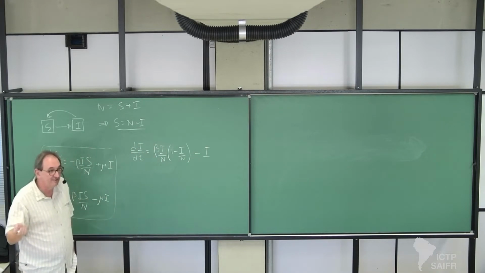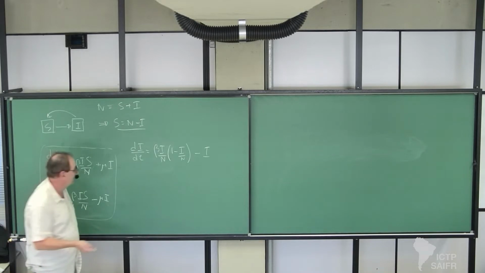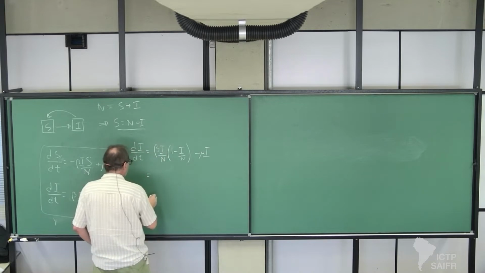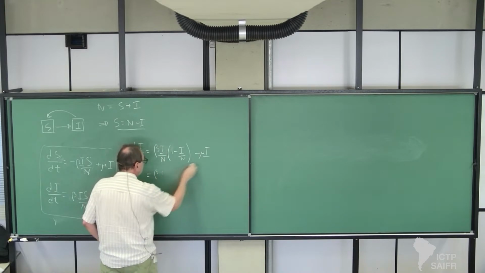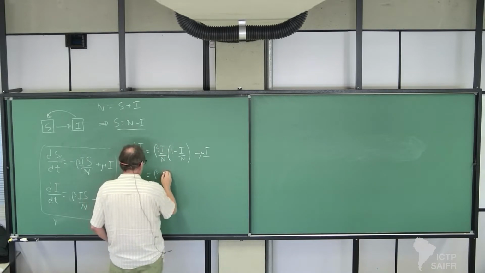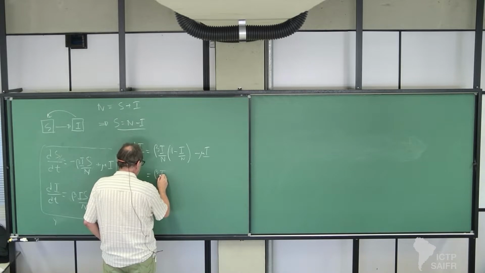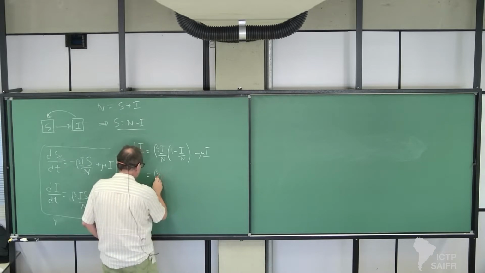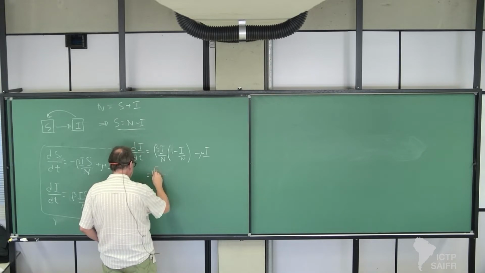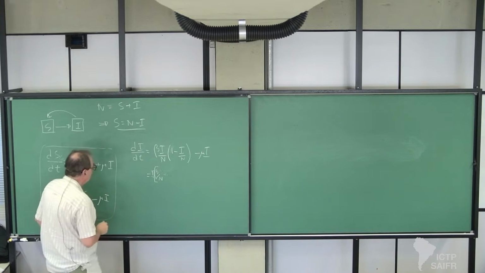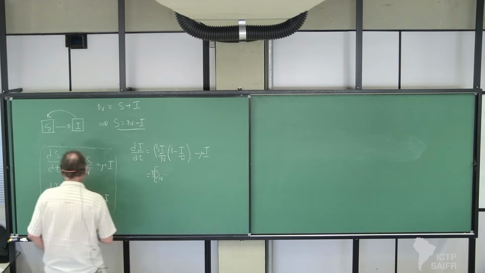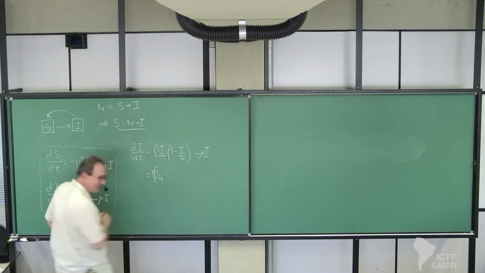Okay, that's an equation only for I. So if I rearrange things here, I will have this beta times I, the linear term. No, I made a mistake here. There was no n here.